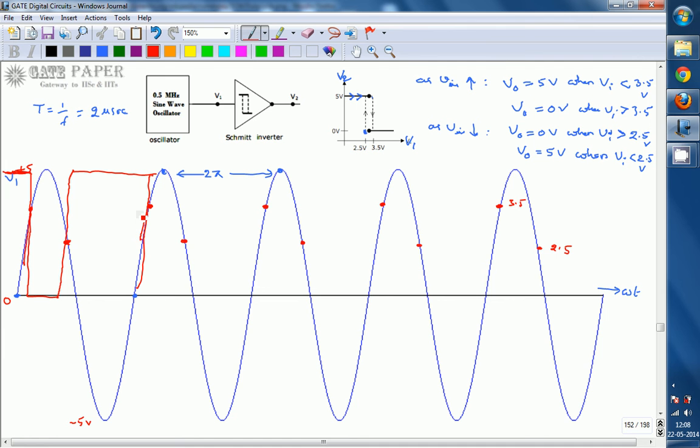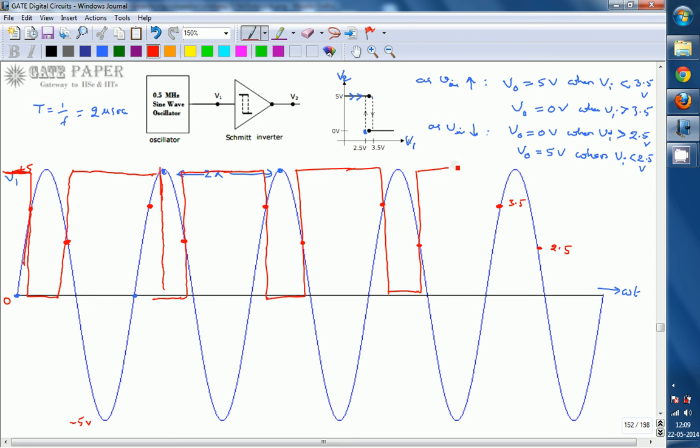Here it is not drawn to scale. So this is the waveform you are going to get.